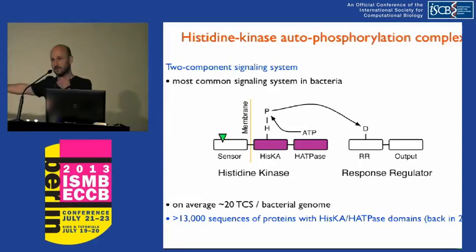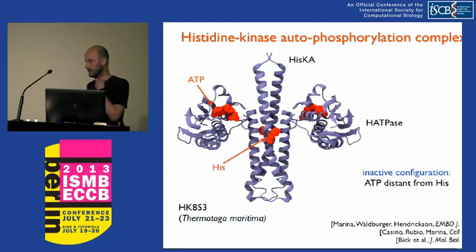Many of these systems are essential for the bacteria they are in. In 2008, there was one single structure, this one, in an inactive configuration. Inactive means that the ATP is very distant from the histidine which should be phosphorylated.